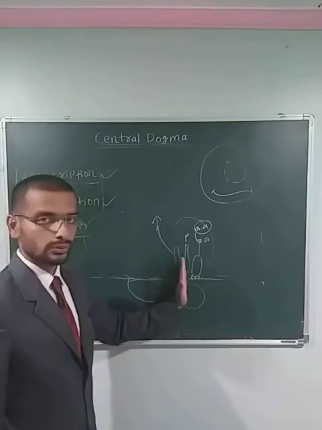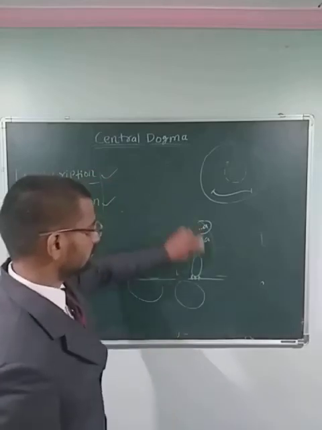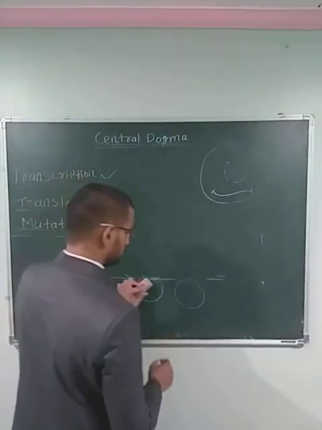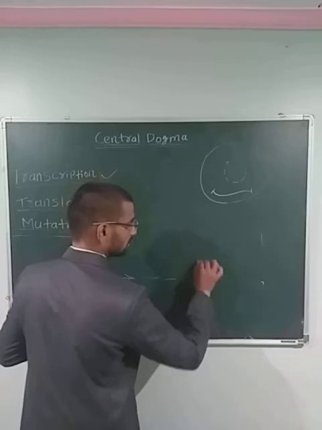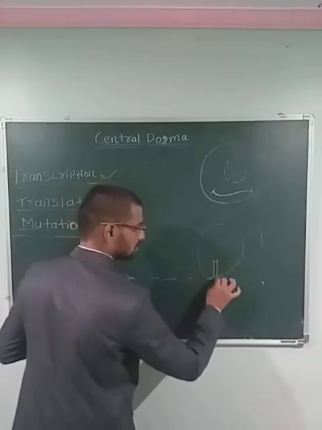Now the ribosome will move ahead on the mRNA. So now here we'll get the picture like the large subunit, small subunit at the second place.